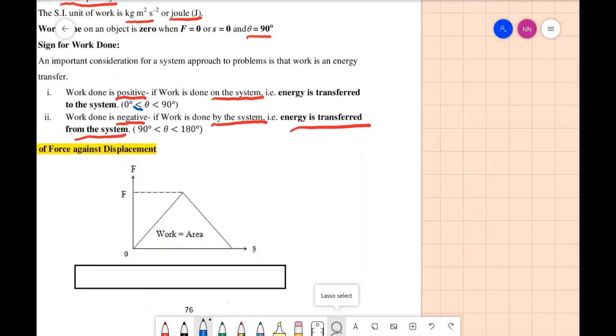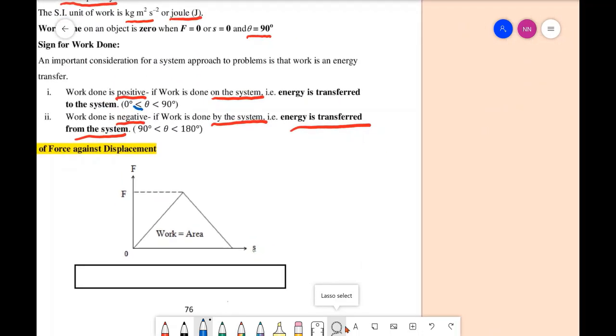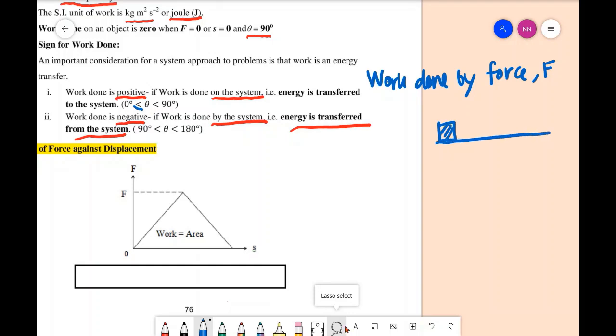For example, work done by the force F. Let's say we have this object moving to the right with displacement S, and there is a pull force F here.